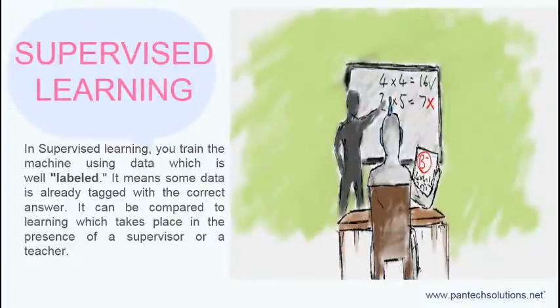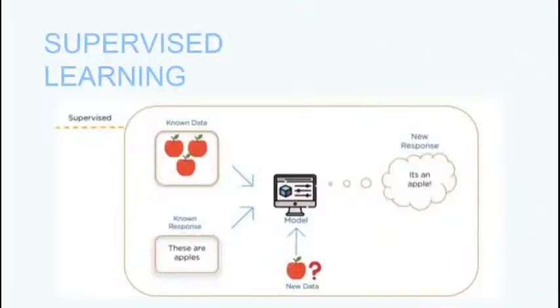So in supervised learning, you can see here we have a trainer and data also, okay. Here I can simply use apples. I'm simply showing you what supervised learning is. I have data, that is three apples, and I tell the machine these are apples, okay.